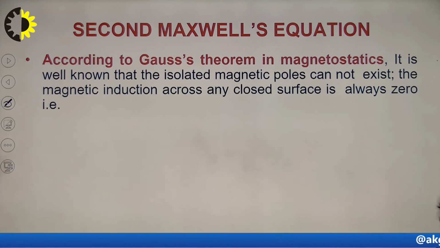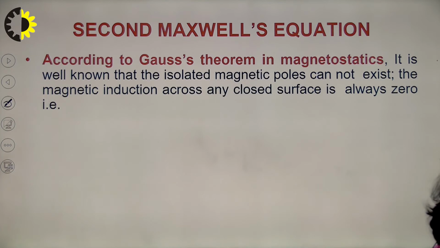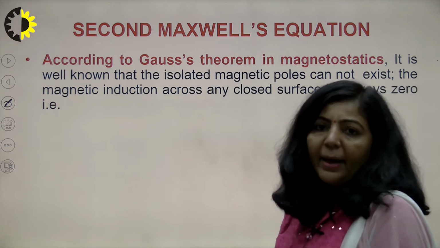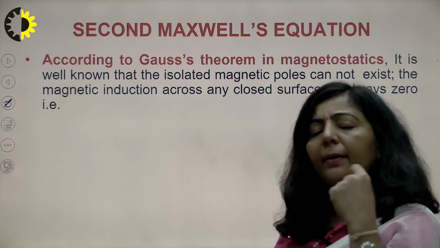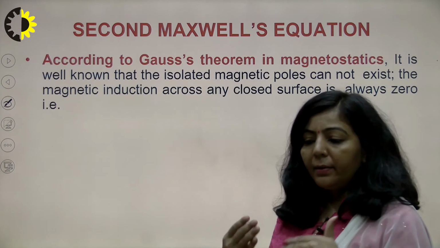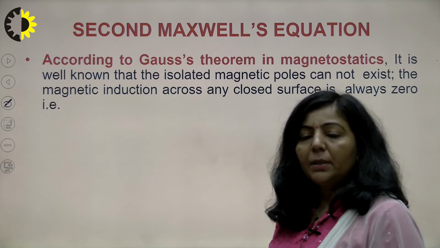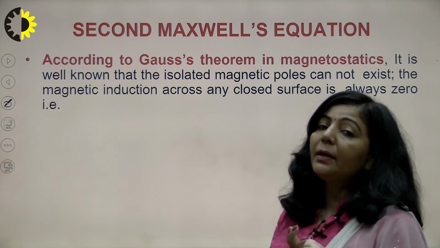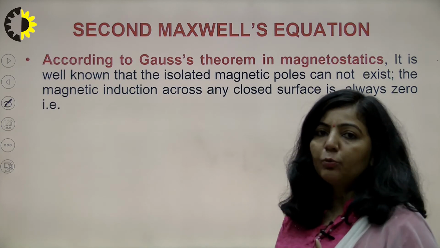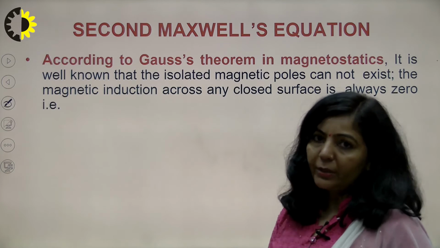According to this, isolated magnetic poles cannot exist. It means if you have a magnet and divide it into small pieces, suppose 10 pieces, then each and every piece will itself behave like a magnet. There will be a north pole as well as a south pole. So magnetic monopole does not exist.